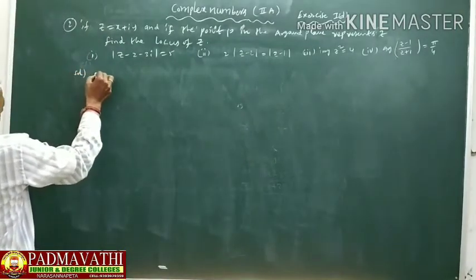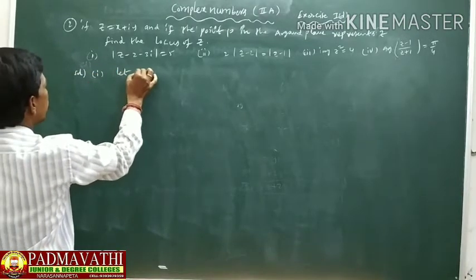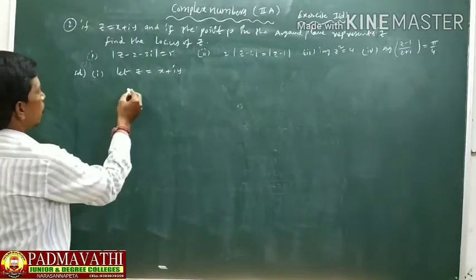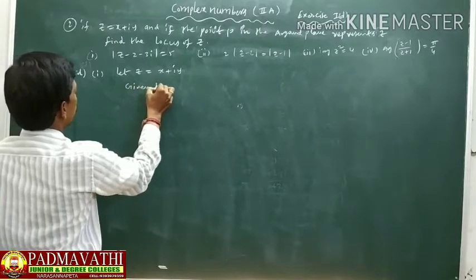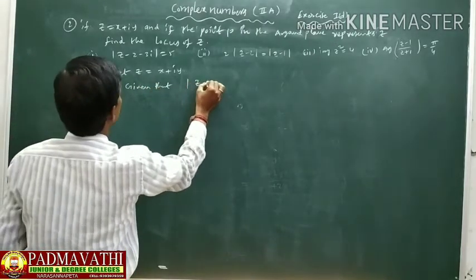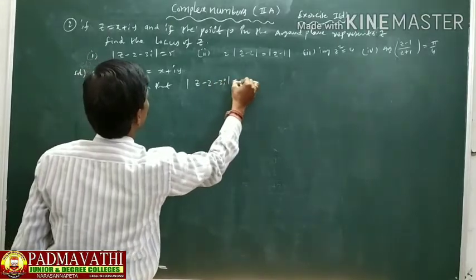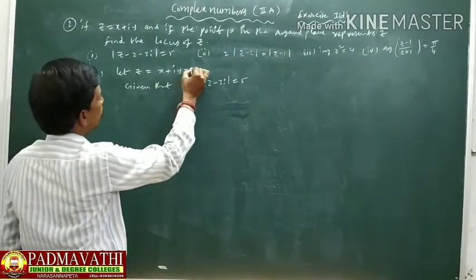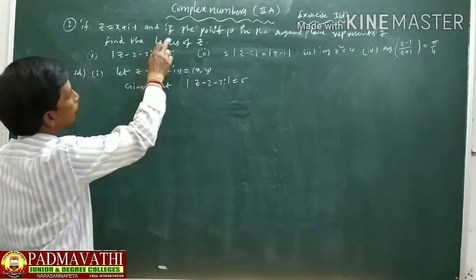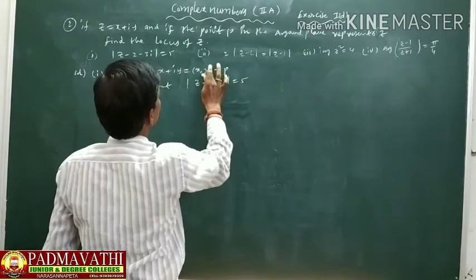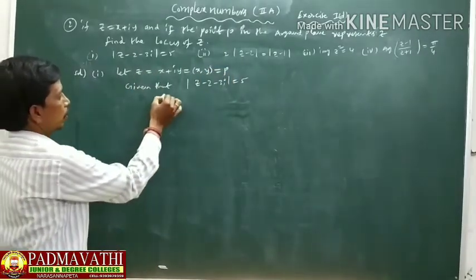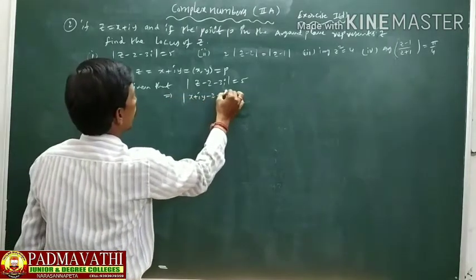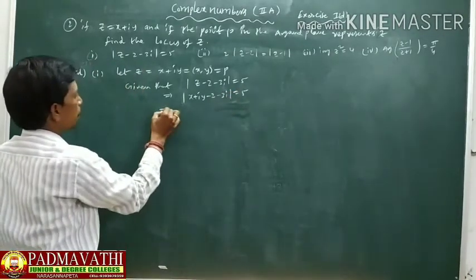Solution of 1. Let z equal x plus iy. Given that mod of z minus 2 minus 3i equals 5. So what is z? Z is the point (x, y), it indicates the point P. That implies mod of x plus iy minus 2 minus 3i equals 5.